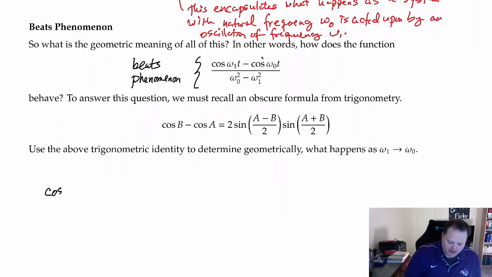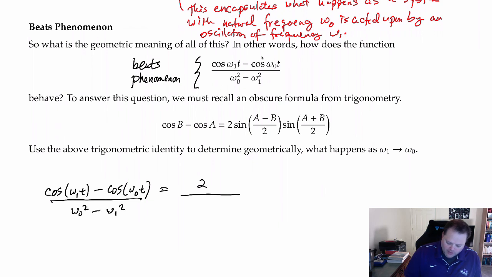We can say cosine omega 1 t minus cosine omega naught t is equal to 2 over, because I'm going to have omega naught squared minus omega 1 squared here. So it's going to be 2 over what we had, but then cosine omega 1 minus cosine omega naught.